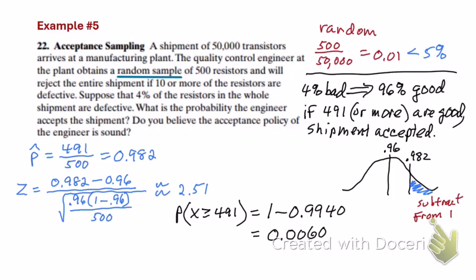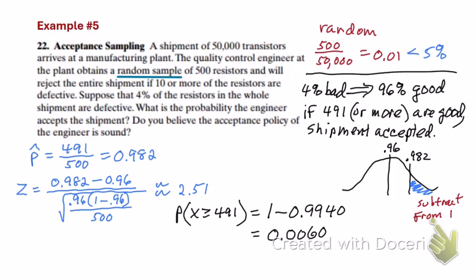Now, what does that tell you? She's going to accept these shipments from this company 6 times in 1,000? X is the actual count of good ones. They didn't give us a percent. Yeah, we came up with that percent.